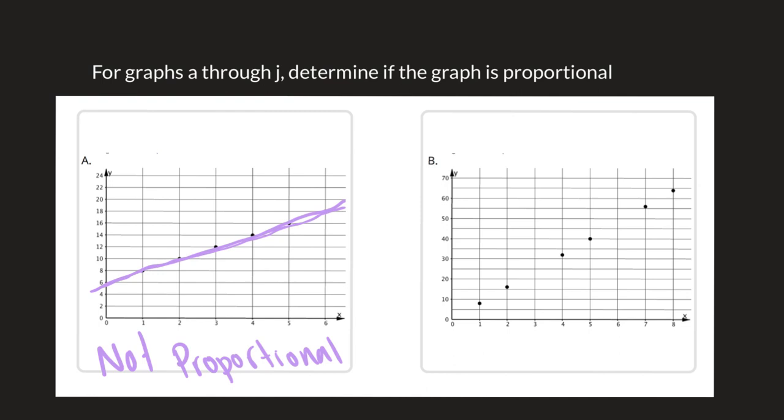The next one here, if I have this graph, this one is proportional, because it goes through 0, 0, and it is straight. It's a nice straight line.